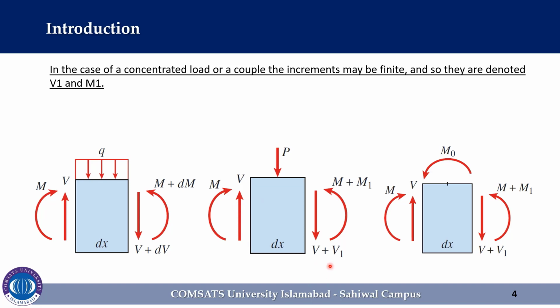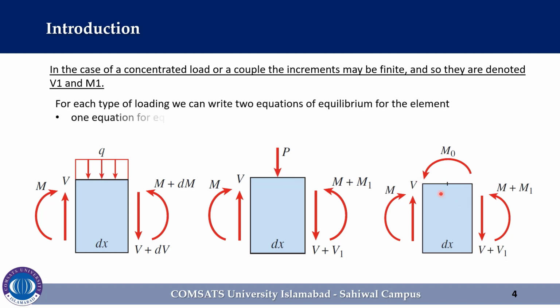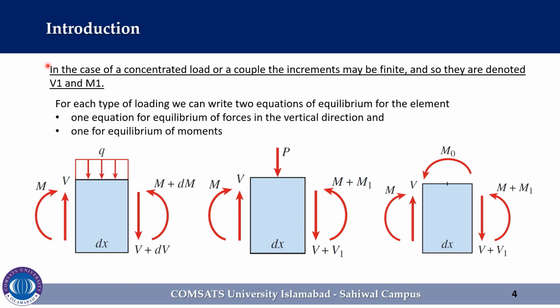For each type of loading, we can write two equations of equilibrium for the element: one for equilibrium of forces in the vertical direction and one for equilibrium of moments. The first of these equations gives the relationship between the load and the shear force, and the second gives the relationship between the shear force and the bending moment.